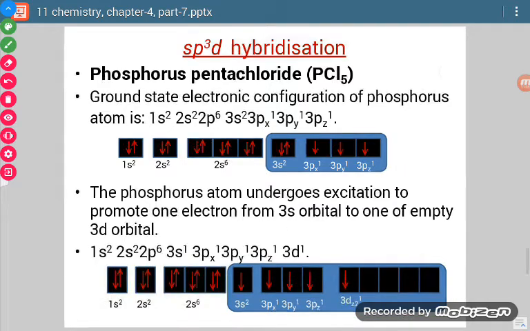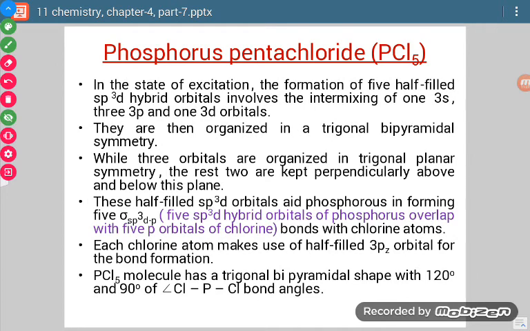Now see what all things we are observing in this PCl5 molecule. In the state of excitation, there is formation of 5 bonds. The 5 half filled sp3d hybrid orbitals will be combining with 5 orbitals of chlorine, and there will be formation of 5 sigma bonds.